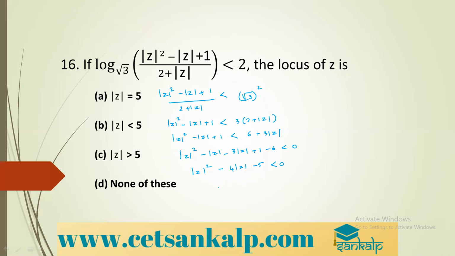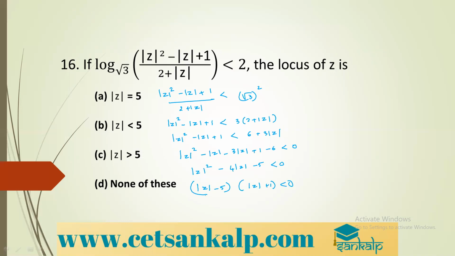This is like a quadratic equation. So I can factorize and write it as the first factor will be modulus of z minus 5. The second factor will be modulus of z plus 1. It is less than 0.